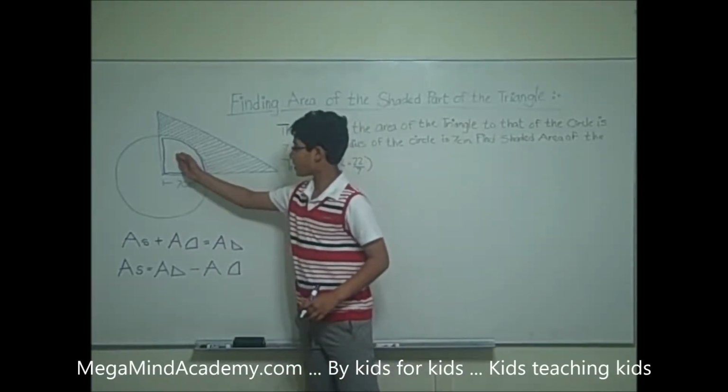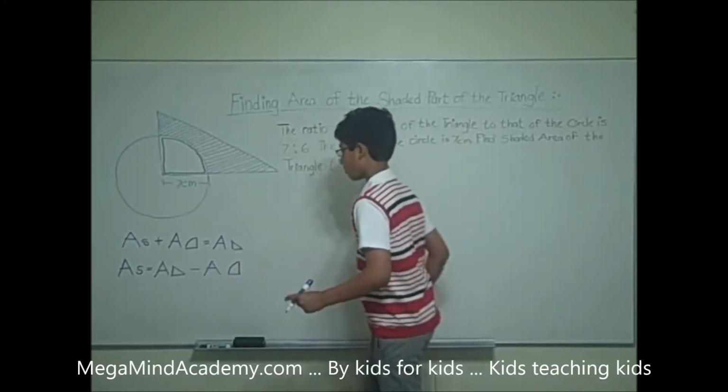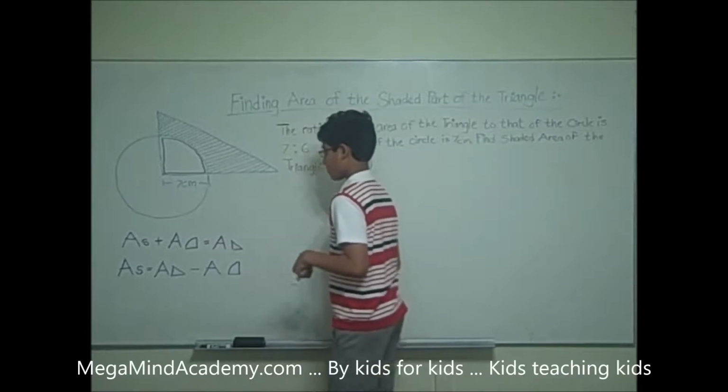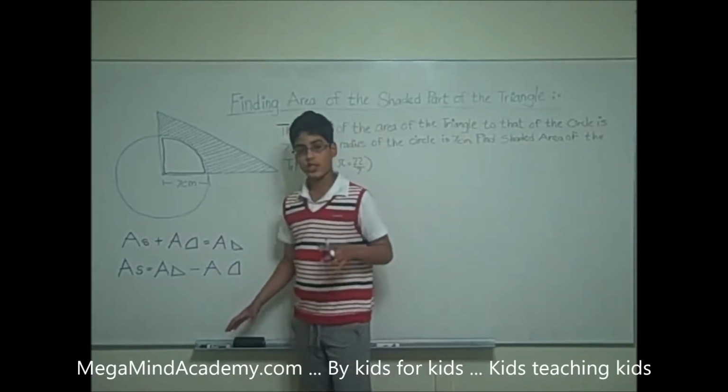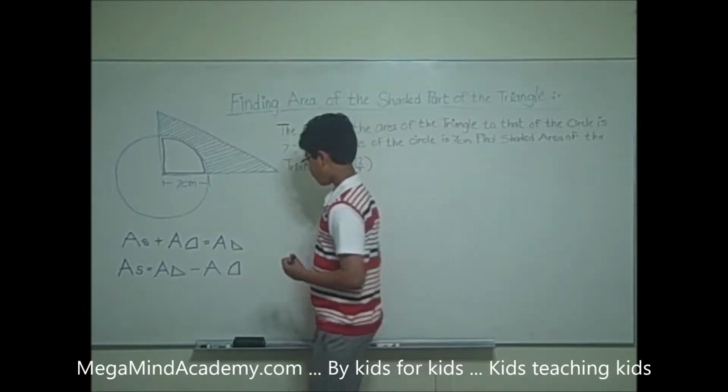Again, this is the quadrant and this is the whole triangle. Now, let's first start by finding the area of this quadrant.